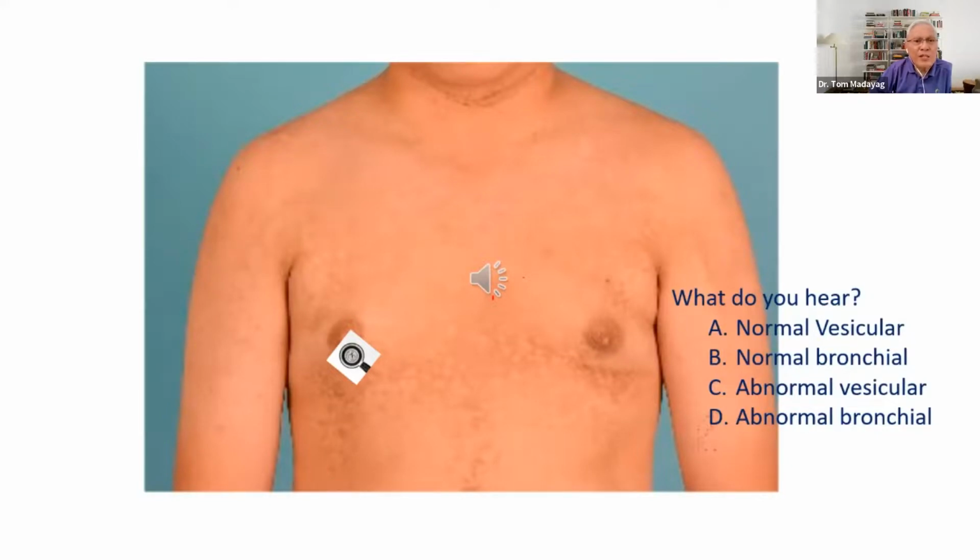So if we look at the stethoscope, what sound should we be expecting to hear in this particular area? What sound do we expect? Vesicular. Very good. It should be a vesicular breath sound. But what did we hear?